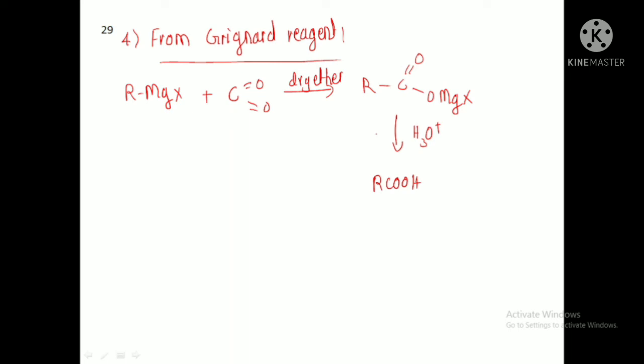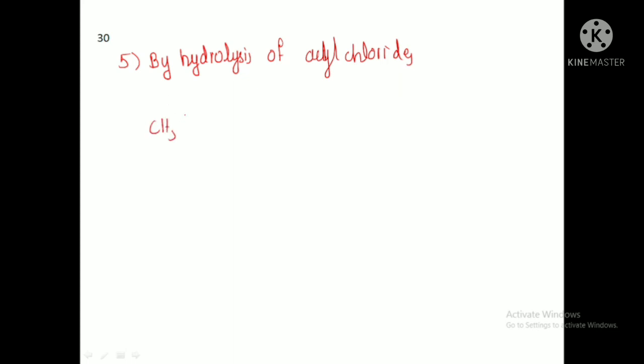Next is by hydrolysis of acyl chloride. The fifth method is by hydrolysis of acyl chlorides. I will take CH3COCl, acetyl chloride.